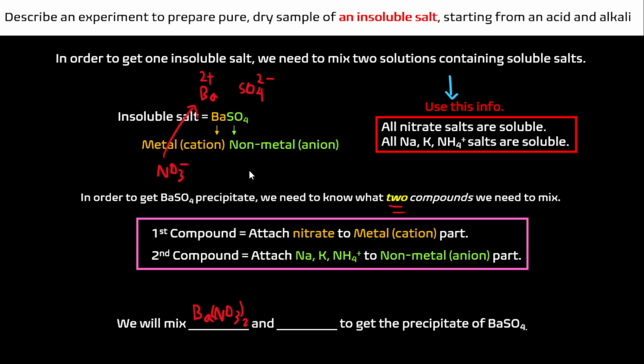For the second compound, attach either sodium, potassium, or ammonium to the non-metal anion part. If we take sodium as our example, it would simply be sodium sulfate, Na2SO4. So we'll be mixing barium nitrate and sodium sulfate, and from the equation, if we write it down, you will notice that Ba and SO4 will combine to form a precipitate of barium sulfate.